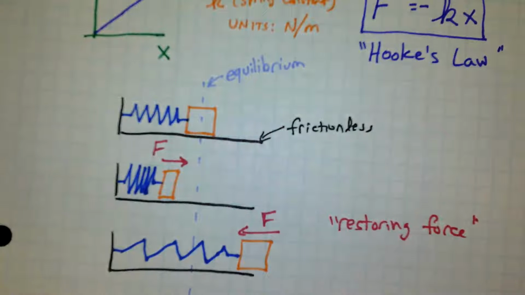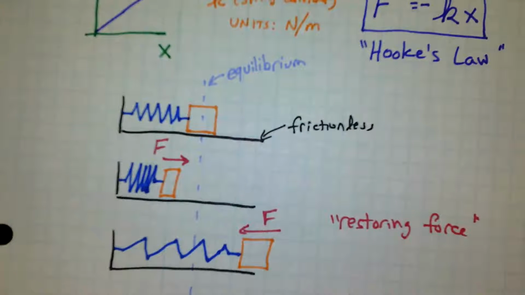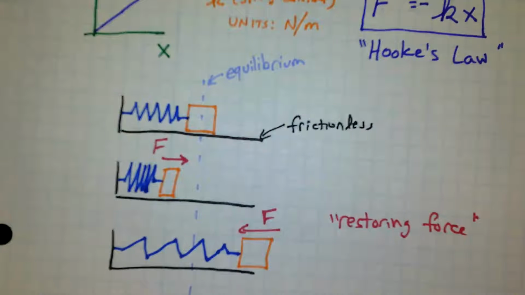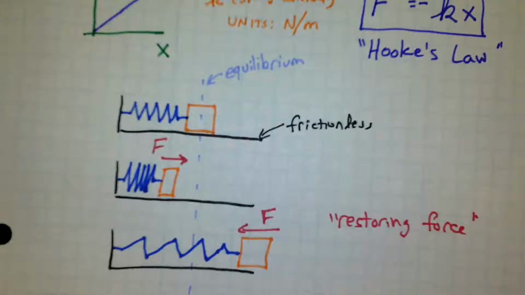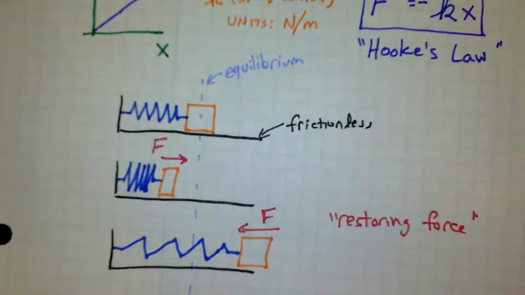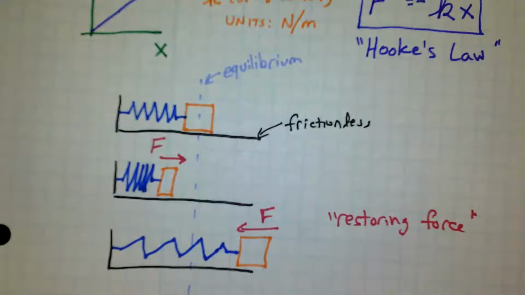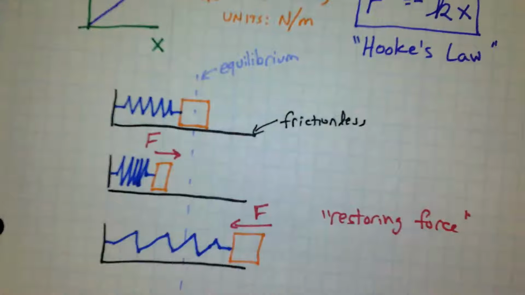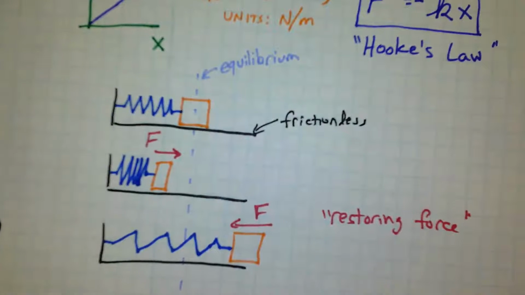So now I'm going to give you a definition for simple harmonic motion. This is the definition. Simple harmonic motion is motion that repeats due to a restoring force that obeys Hooke's law.